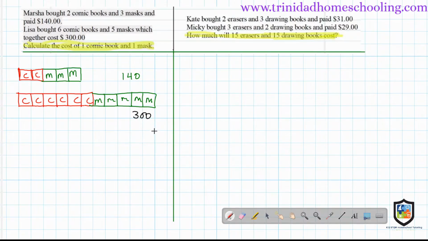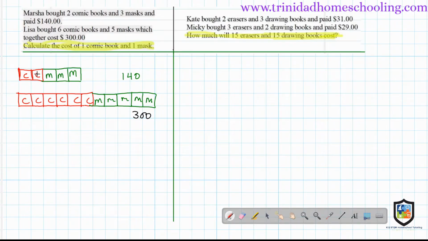Now, in our last video, we followed the unequal sharing steps, which was to subtract and then divide and then add back, right? But looking at this diagram here, let's see how many comic books we have in all.